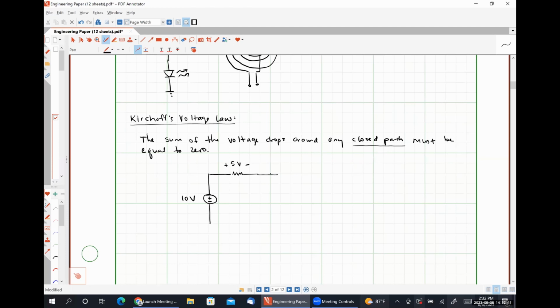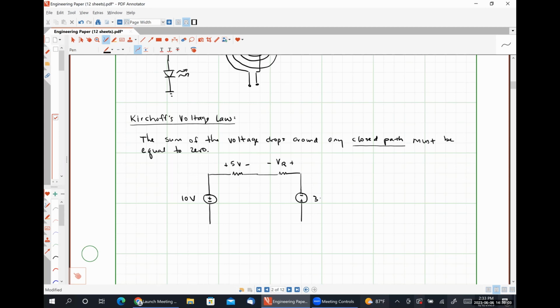And then I have another resistor, and I'm trying to determine the voltage drop across this resistance with this particular polarity. And then let's throw another source in here just to make things a little bit more interesting.